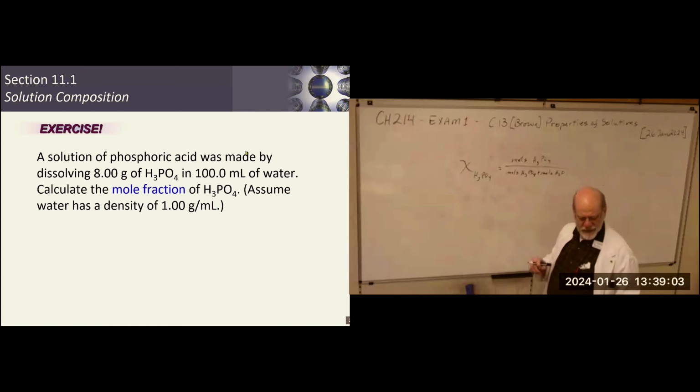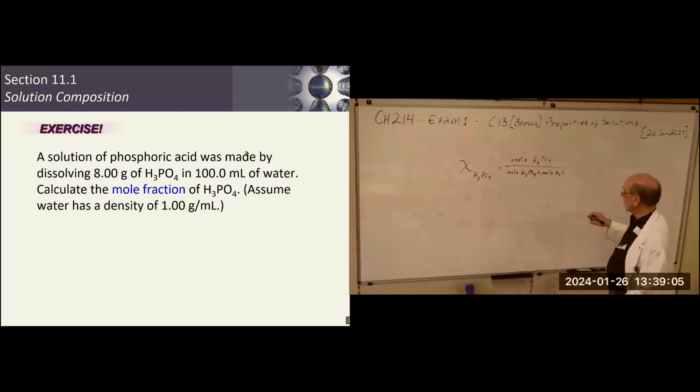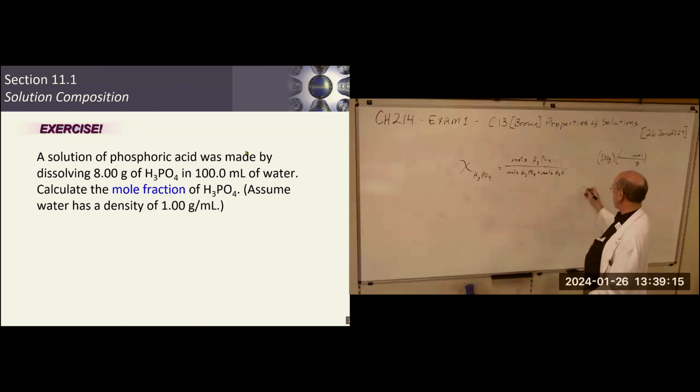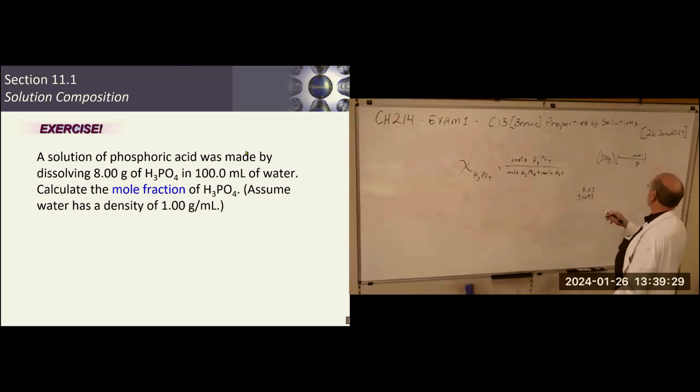So we've got 8 grams of H3PO4. We can calculate the moles of that pretty easy. 8 grams. What's the molar mass of H3PO4? Well, let's see, we got 3.03 for the hydrogens. Phosphorus is what, 32? No, 30.97. And 4 oxygens is 64, right? Yeah. Okay, so we got that.